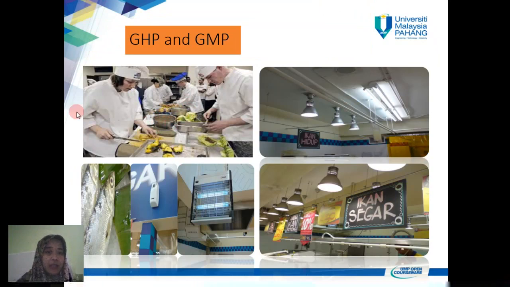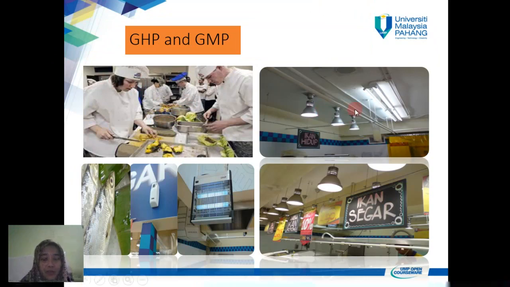We can see that they do not mix the samples from one to another, and they use different procedures, such as different knives, different cutters and different containers. And the person who is dealing with it uses the proper attire of PPE.